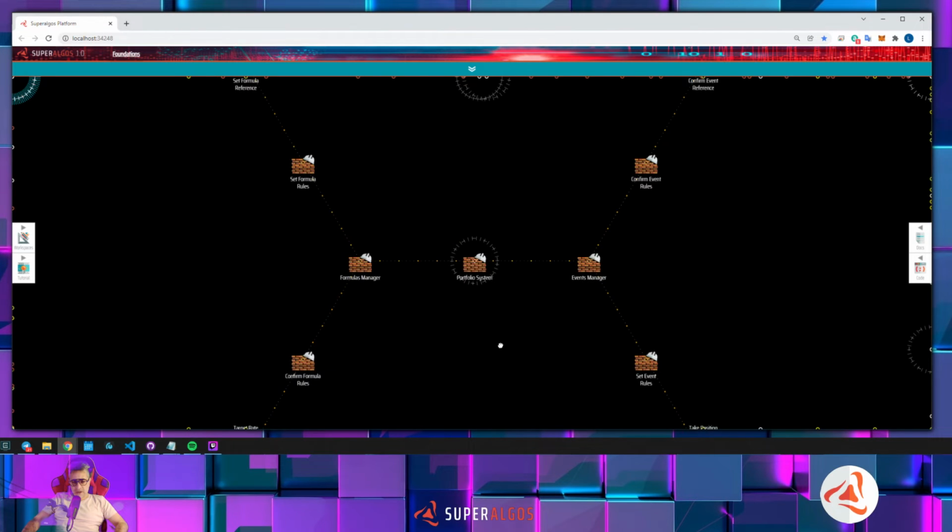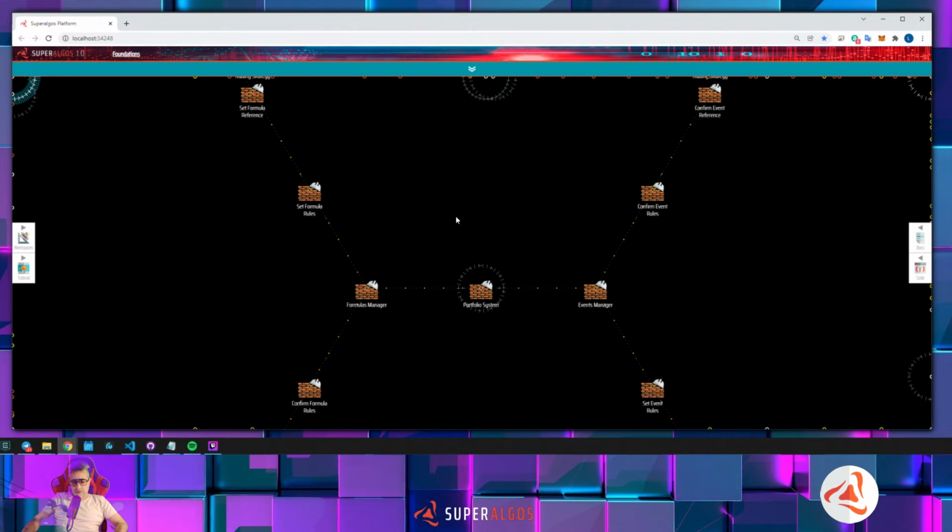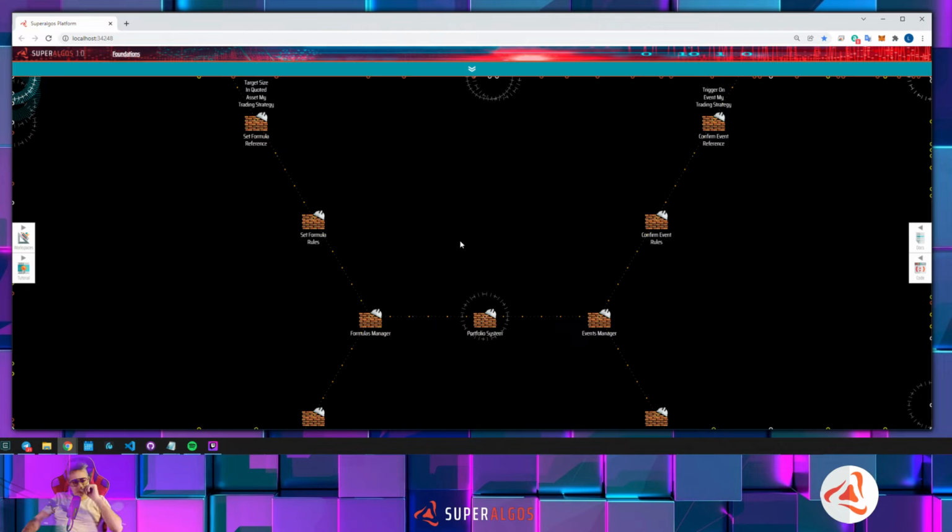Once that has run, the portfolio bot will open the window for the trading bots to check in and check out. Remember, check in and check out is a process that we have for synchronizing the trading bot with the portfolio bot.